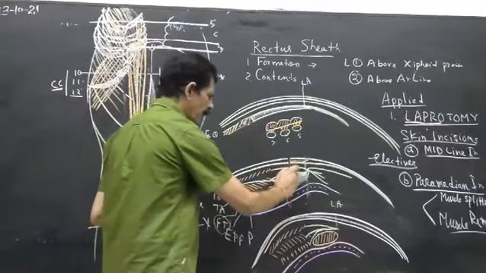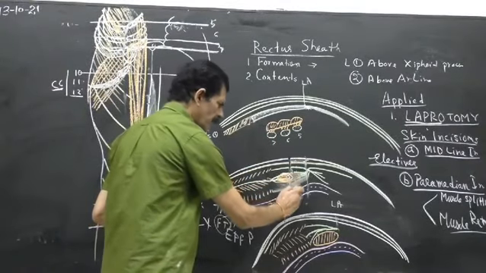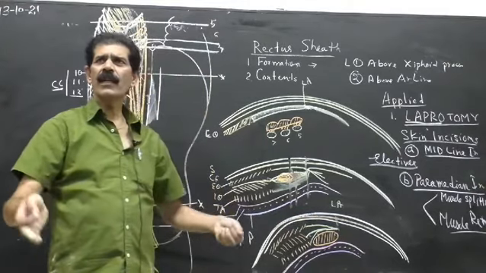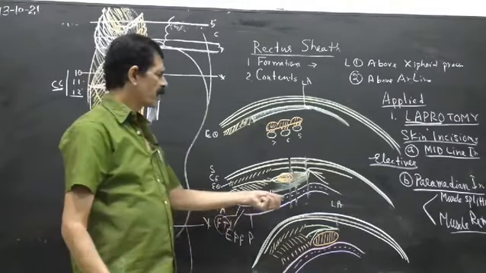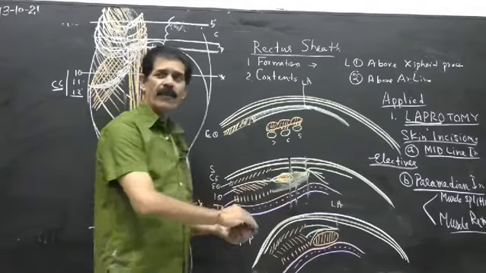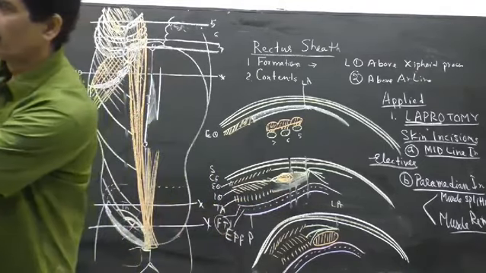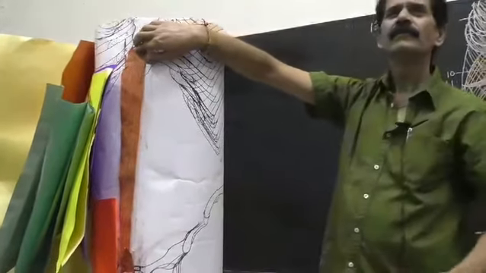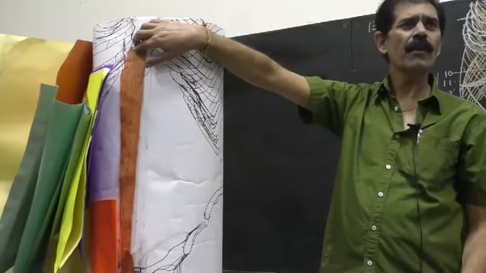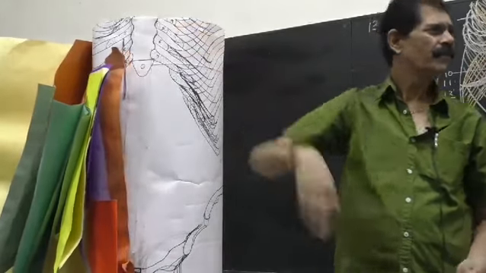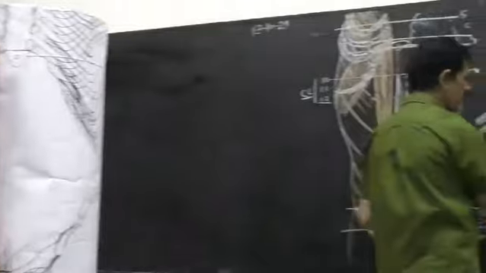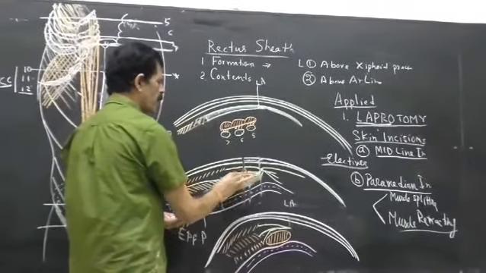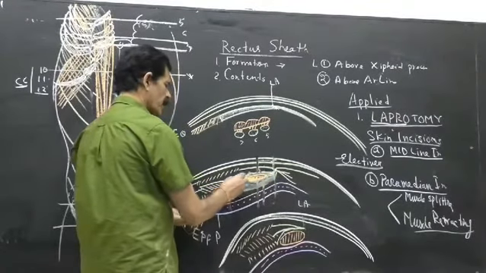Then we cut the posterior wall of the rectus sheath, transversalis, and enter the abdomen. We do the operation. We again re-stitch the peritoneum and fascia transversalis. Then, as the muscle has been retracted, we again reposition the muscle in its original anatomical position. The muscle becomes straight again and regains its anatomical position with its nerve supply intact.